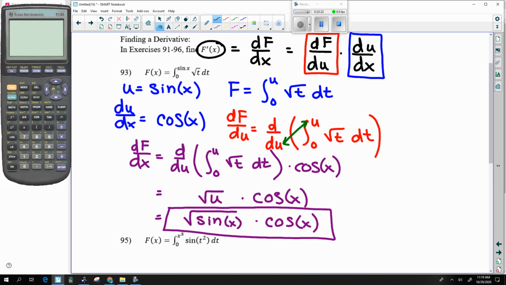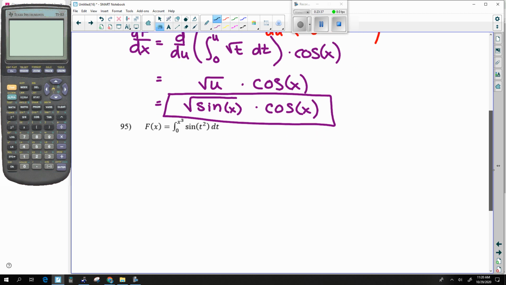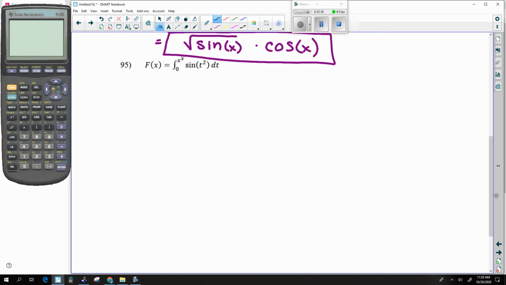It helps my brain out to physically write this, to help me decipher what I'm trying to do. What am I taking a derivative of, and why am I doing it? All right, so again, that upper bound is something weird. What we're trying to figure out is df dx.